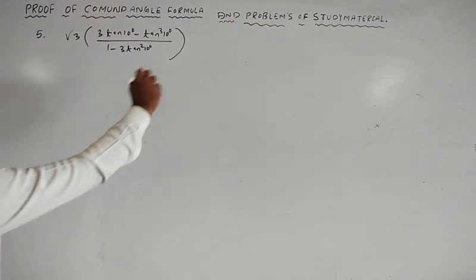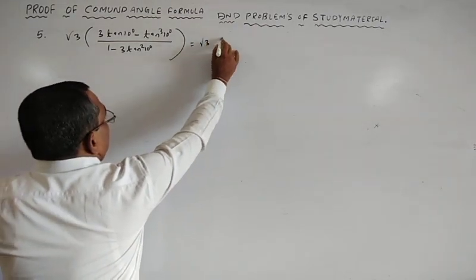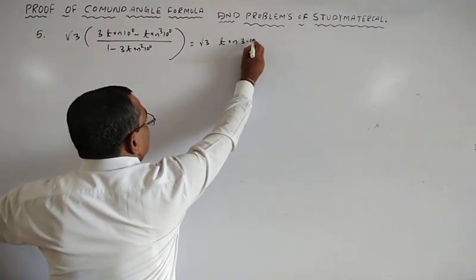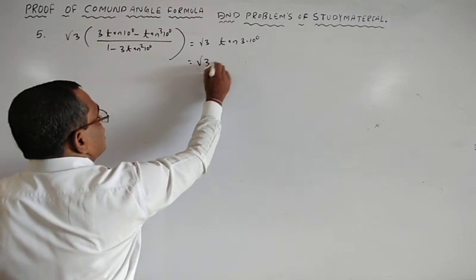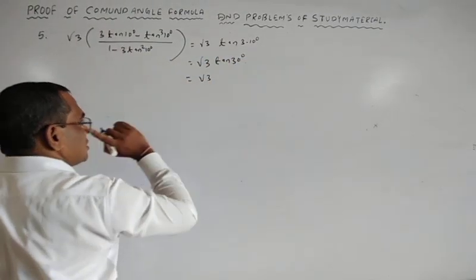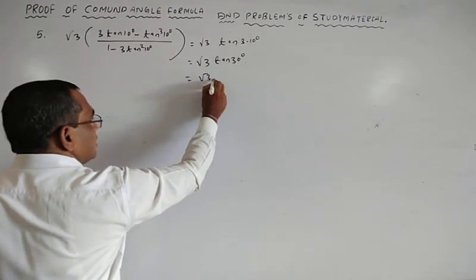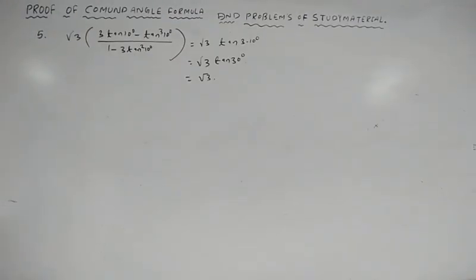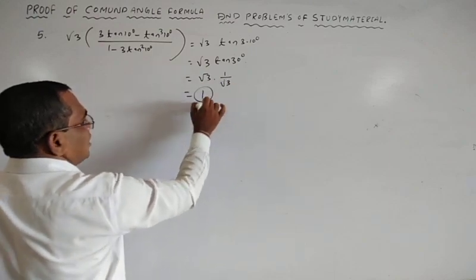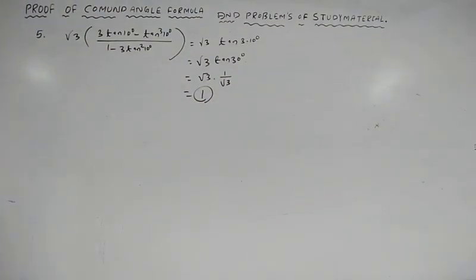So this is equal to root 3 into tan 3A, with A being 10 degree, so root 3 tan 30. Tan 30 equals 1 by root 3, so this is equal to 1. So the answer is 1. Okay.